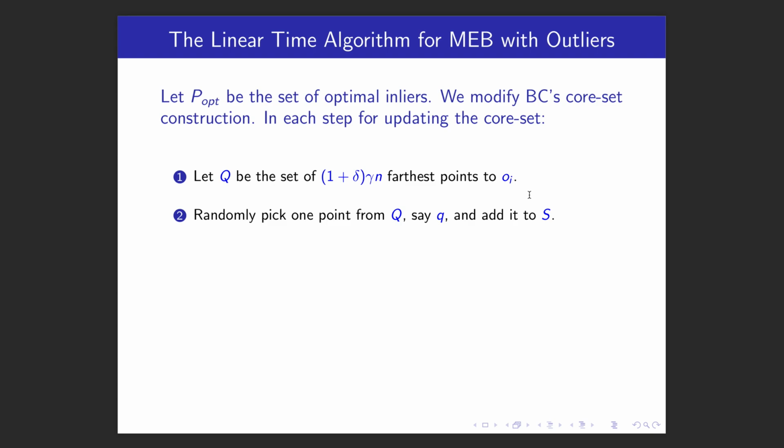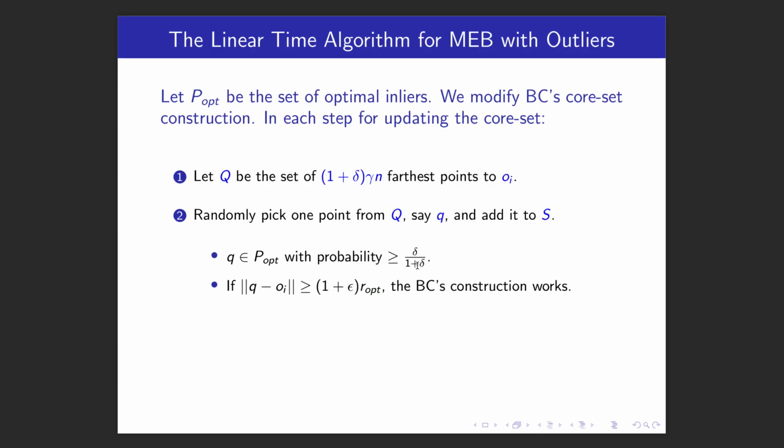And then we randomly pick one point from big Q, say it's small q, and then we add it to the coreset. First, it's very easy to know that small q belongs to the set of optimal inliers with a probability at least delta over 1 plus delta, because there are 1 plus delta times gamma n points in big Q, but there are only gamma n outliers. So that's why this probability is at least delta over 1 plus delta.